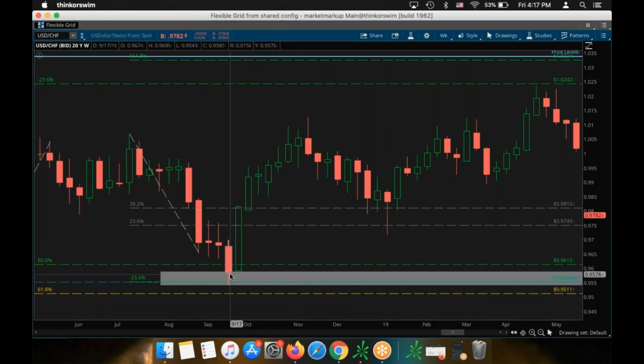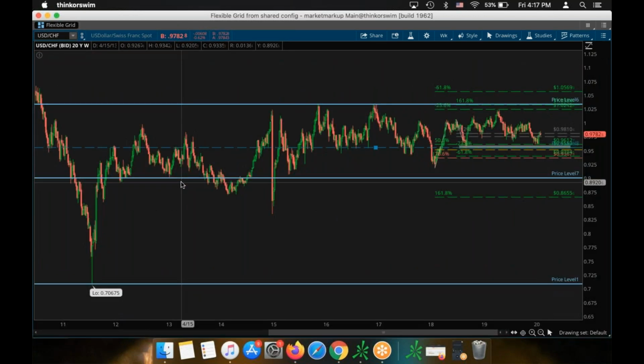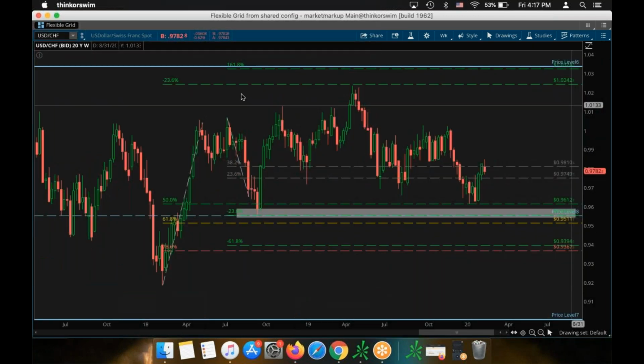So we built out essentially this 50 to 61.8 reversal zone off of the run upward. And then coming into it, we've got that negative 23.6, which in the end becomes that precise point.